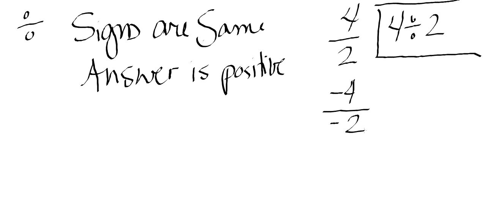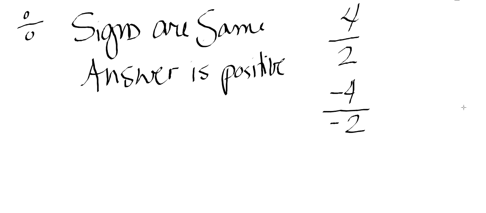Each of these examples has the same sign. So 4 divided by 2 is 2. Negative 4 divided by negative 2 is also positive 2 because they have the same sign.